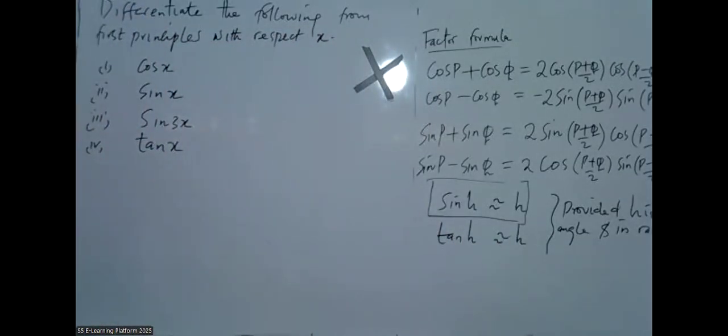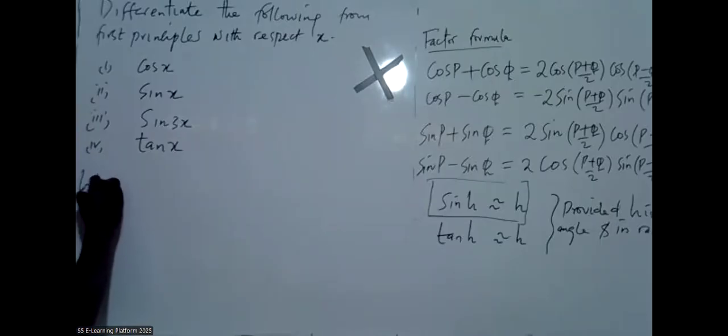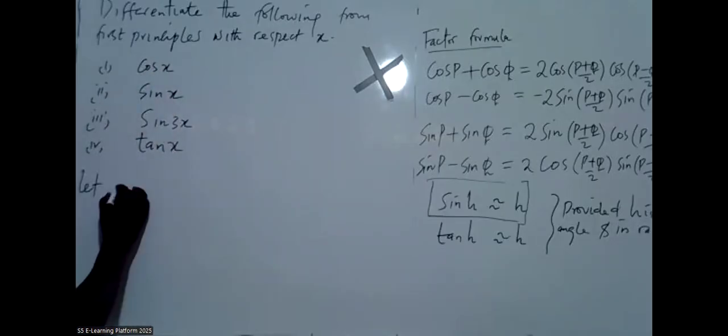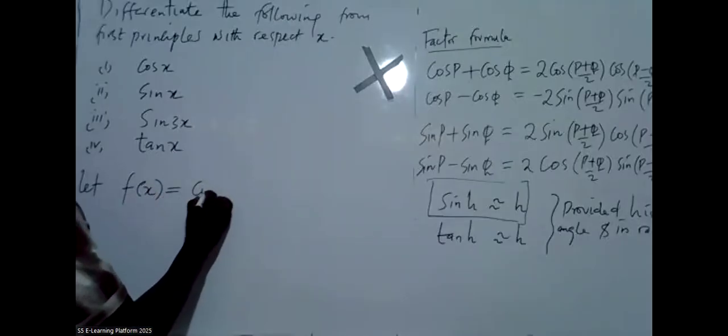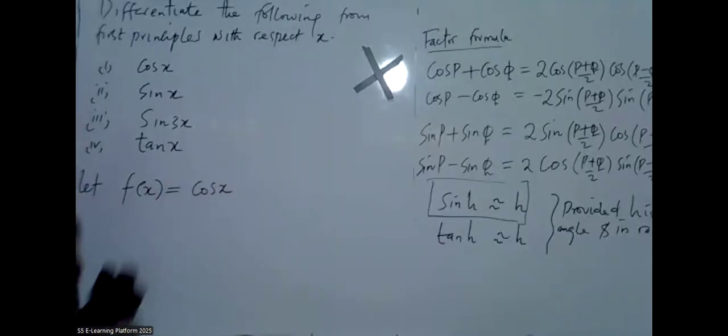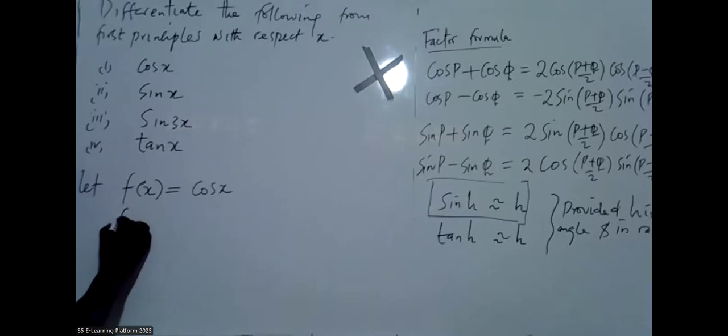Like that. Now, we want to differentiate cos x with respect to x. Begin by letting a function f(x) be cos x. Then, just like what we did earlier, if I have f(x), I'll go ahead and get f(x plus h).